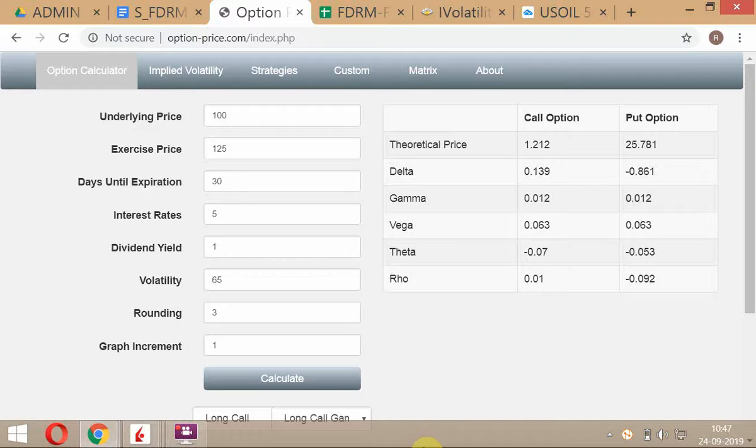So if there's a higher risk of me having to pay up, I will charge you more for the protection. The insurance company is just charging you for protection, okay? So if something happens to the ship, the owners will come to the insurance company and say, pay up, okay?